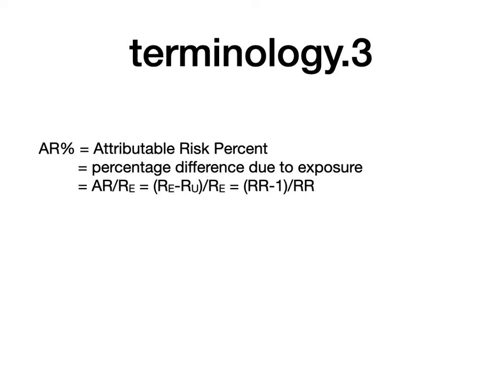Now the attributable risk, as we saw in the previous slides, was the risk amongst the exposed minus the risk amongst the unexposed. So where in the third line here we have AR over RE, that's equal to the definition of attributable risk, RE minus RU, divided by RE.